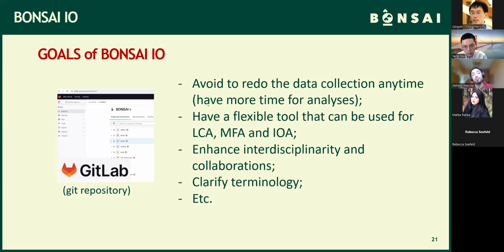And this way, I think we can also enhance interdisciplinarity and collaboration between the different research groups, because the multi-layer framework can be developed by different research groups, and we have one tool that can create a bridge between the different communities, and perhaps clarify the terminology, because if we are starting from the same database, it is easy to understand why we get different results in different research.